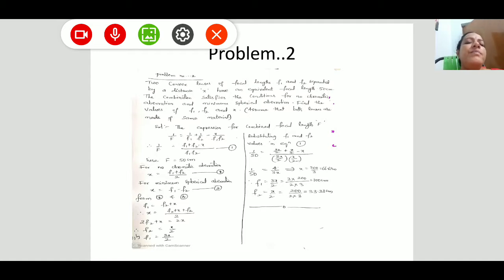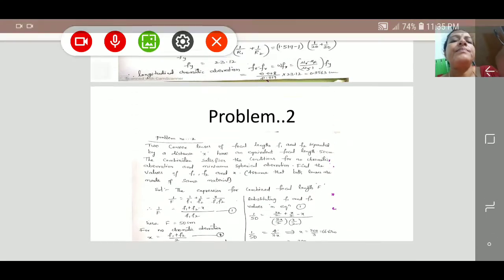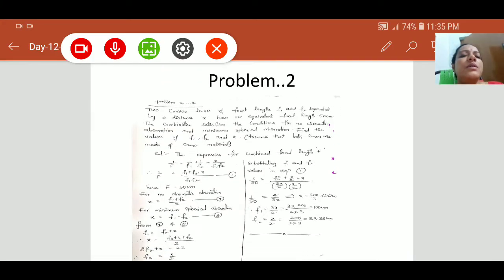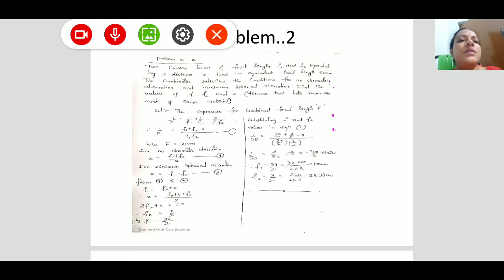The second problem is based on spherical aberration.